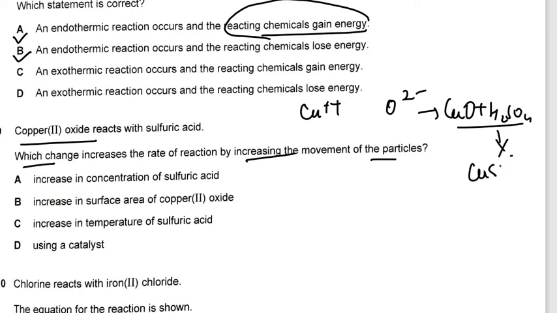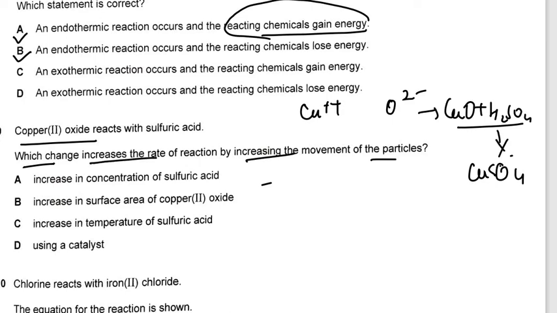Neutralization reaction is a what kind of thing? But here they are not asking you about exothermic or endothermic reaction. There are different options they have given you. Which changes increase the rate of reaction?